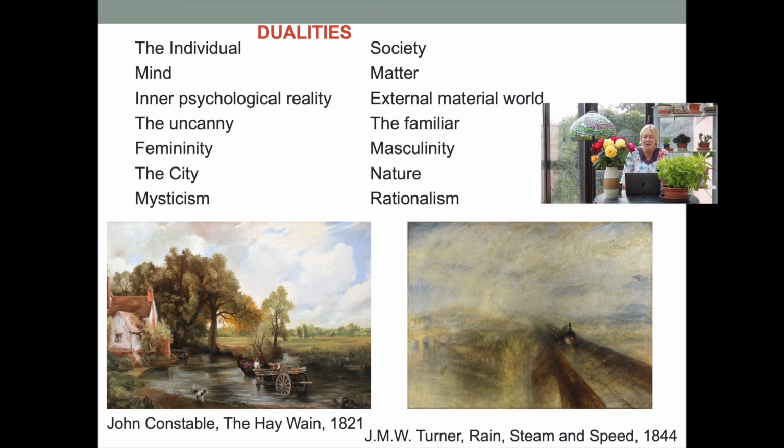And if you have those polarizing views that are so present in the contemporary world, they are usually quite easy to take back to the Victorians. They are somehow rooted in the Victorian way of thinking through dualities.